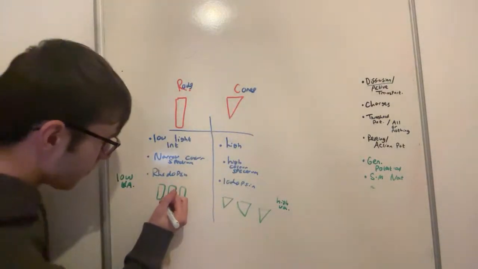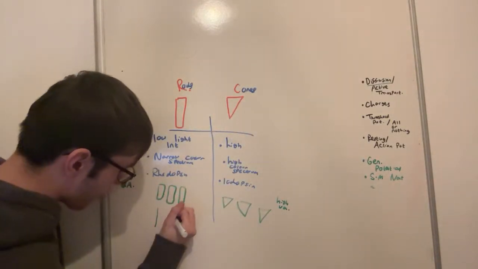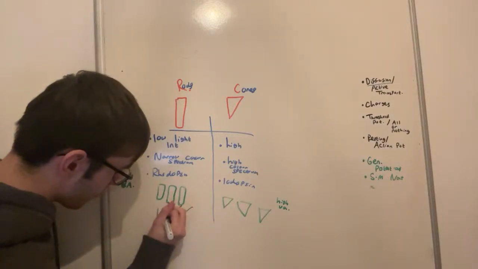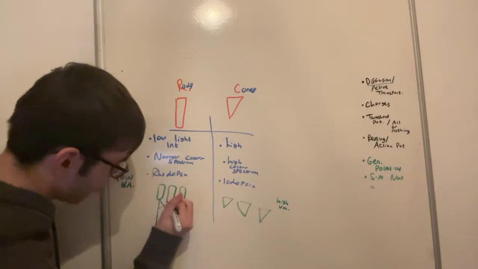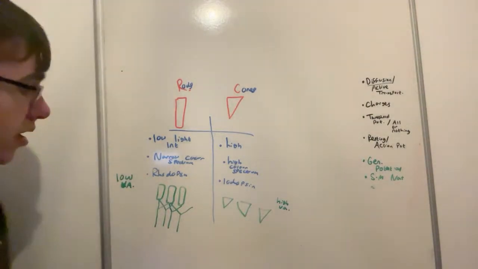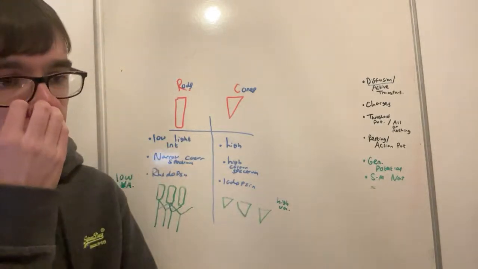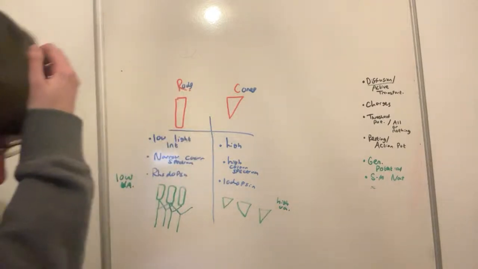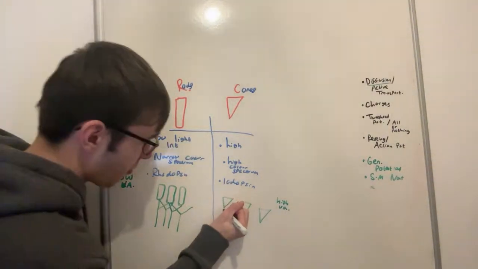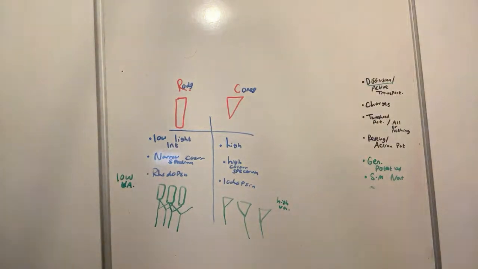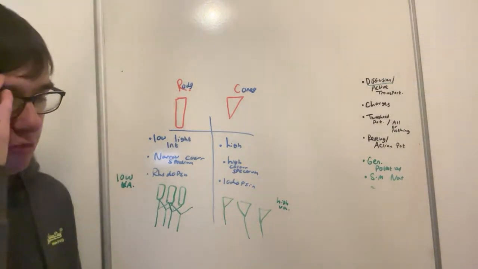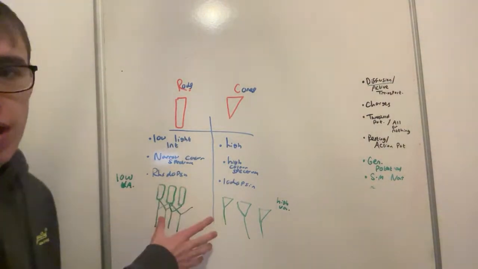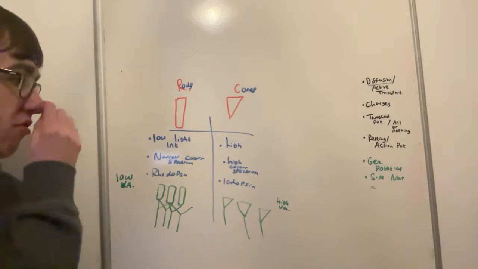And that's because you have, let's just say, bipolar cells here. Each one is going to be connected to multiple rods. And that means that it increases the chance of an action potential being triggered. It is a bit annoying to explain. I'll give the spec that. But basically, because rods can only respond to low light intensities, it means that they become stimulated more easily because they're connected to more bipolar cells.